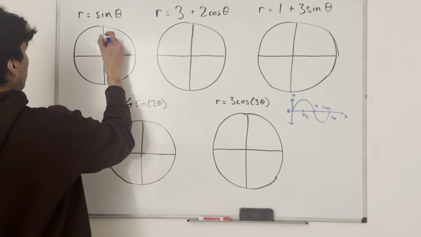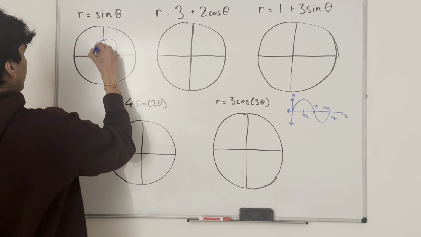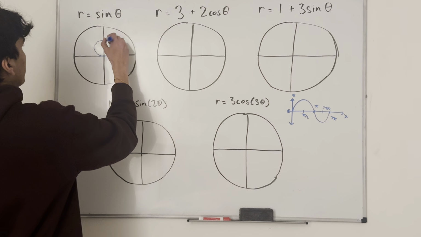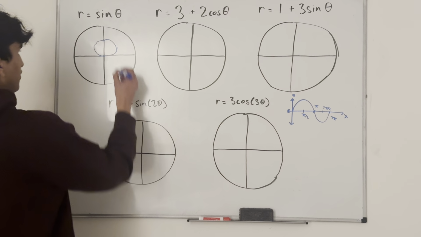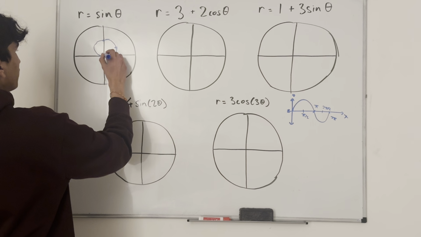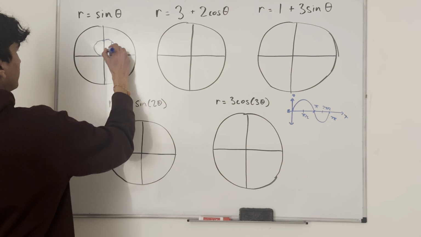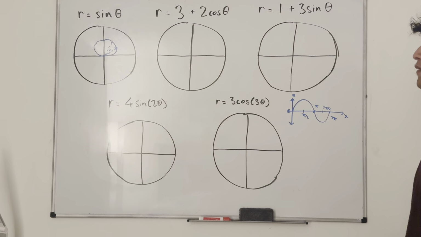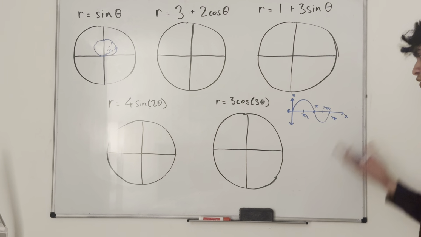It starts at 1 and goes back down to 0. So at every point along here, this r value is always less than 1, and then it goes back to sine pi, which is 0.